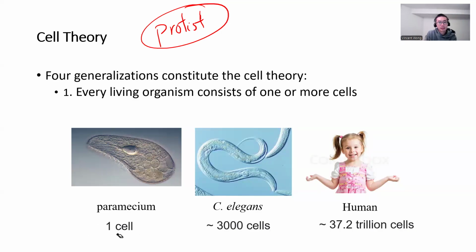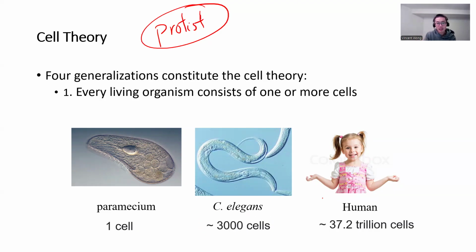Single cell. All right. We have something called C. elegans. It's this worm thing that scientists know a lot about. It's actually what they call a model organism. They use it for research as a starting point for many things like medicines, genetic engineering, and so forth. And the whole thing is made up of about 3,000 cells.